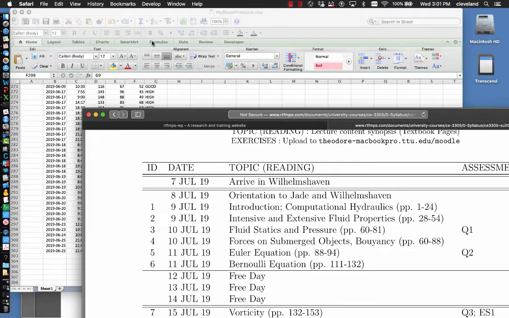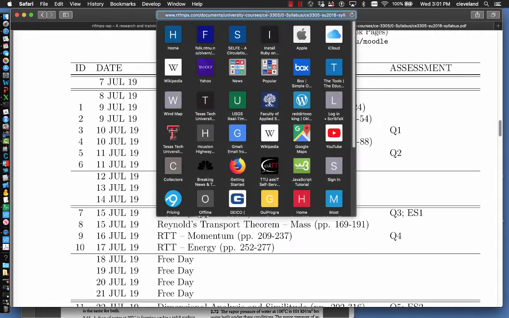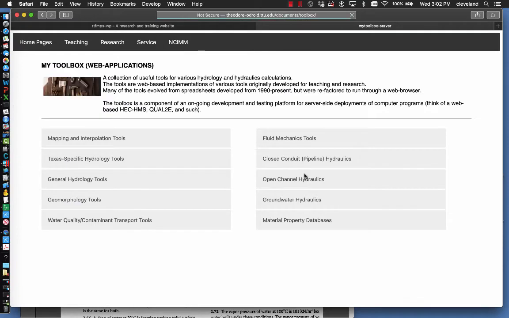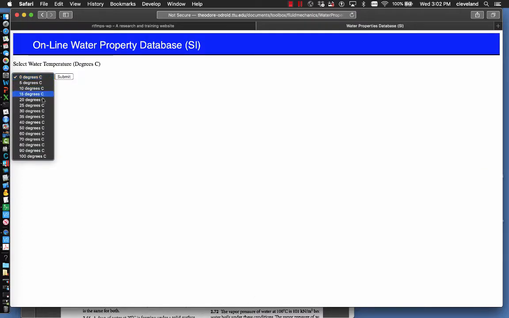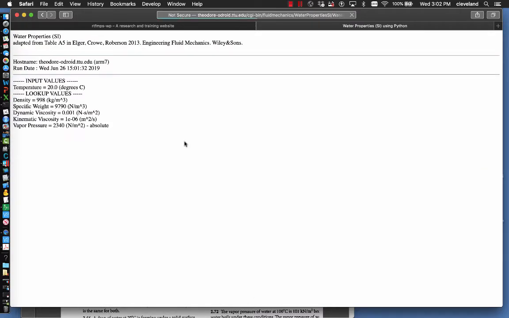So if we go to the mighty internet, the primary toolkit looks like it's up and running. We'll know in a second. We want to get the properties of water at 20 degrees Celsius. And we have the specific weight is 9790 newtons per meter cubed, and unfortunately it does not appear to have the surface tension.